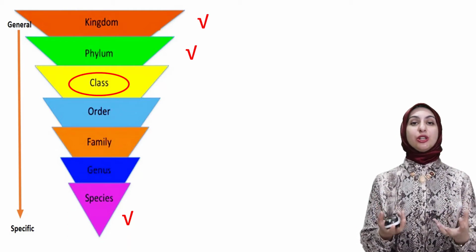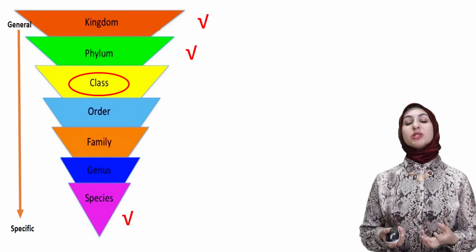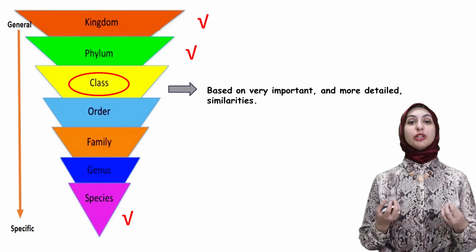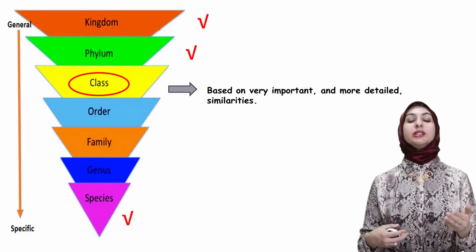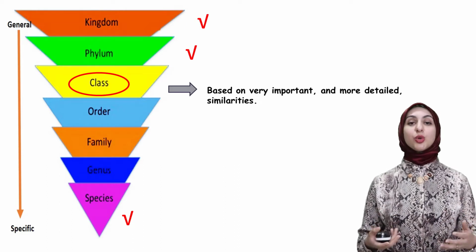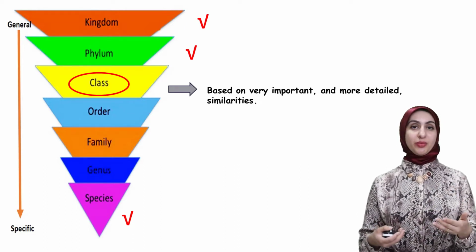Phylum is divided into smaller groups called class. The organisms in the class group are classified according to very important and more detailed similarities. Class group is ranking below phylum and above order.